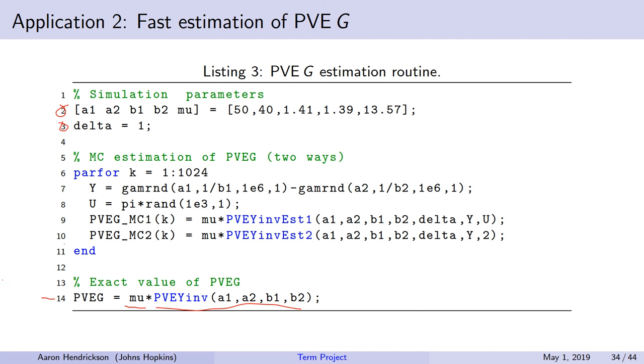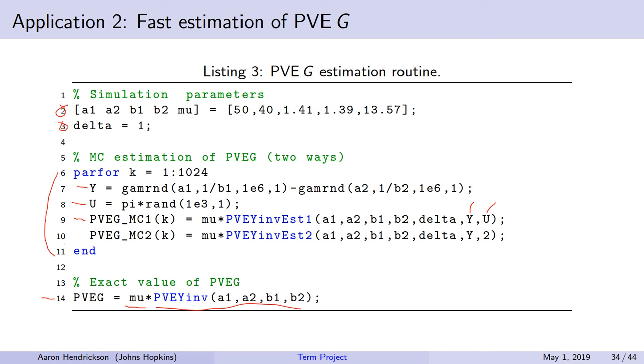Now for the center part of the code here, what I did was I ran it 1,024 times. I like powers of 2 for some reason, and every time what I'm doing is I'm taking a sample of gamma difference random variables and a sample of uniform, and then the first line here is the estimate for the principal valued expectation of G using the first full Monte Carlo method, where I'm relying on both my sample of Y and my sample of U here.